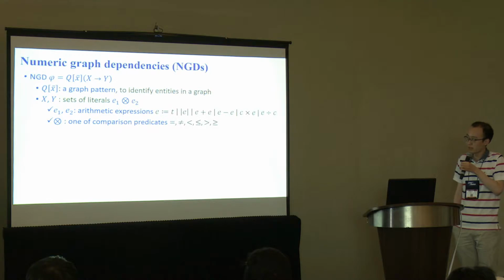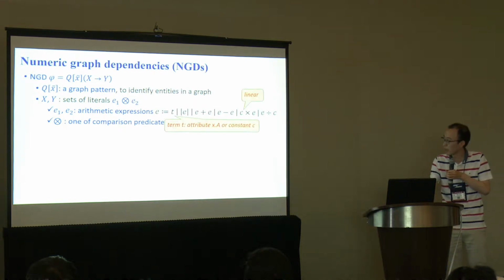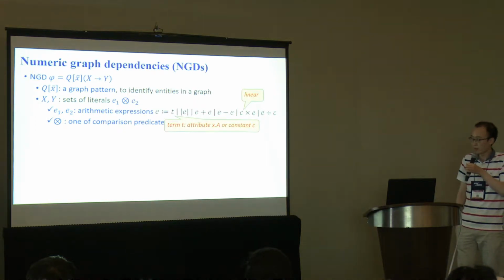The expressions E support common arithmetic operators, including the absolute value. And its basic term is either an attribute from the pattern or a constant. Moreover, the degree of E is at most 1, so we only consider linear expressions.